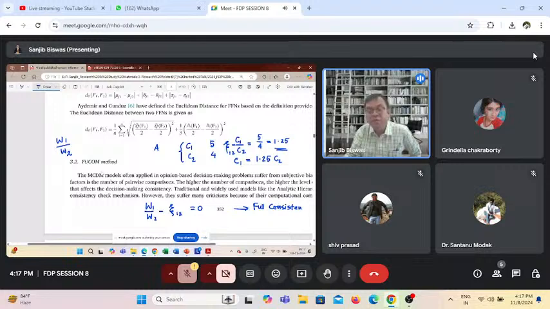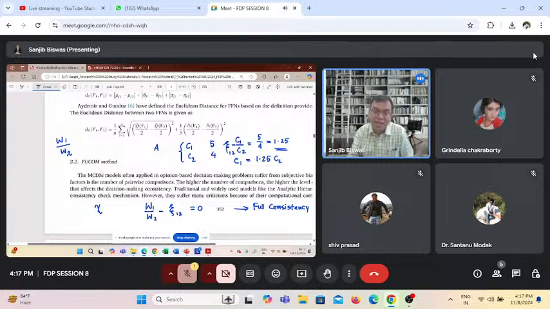That means if C1 is 1.25 times more important than C2, then the weight of C1 is also 1.25 times more than C2, so the difference must equal 0. But in reality, it doesn't happen. So there is a defined difference called psi.